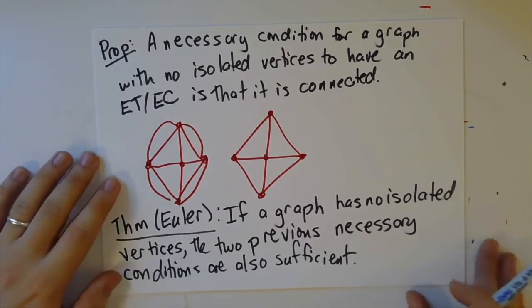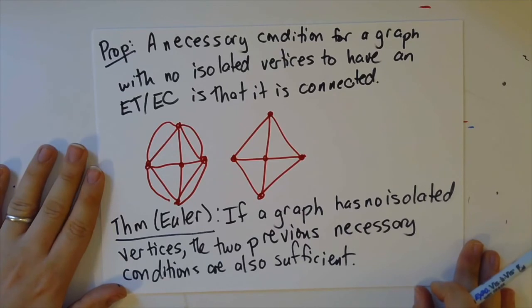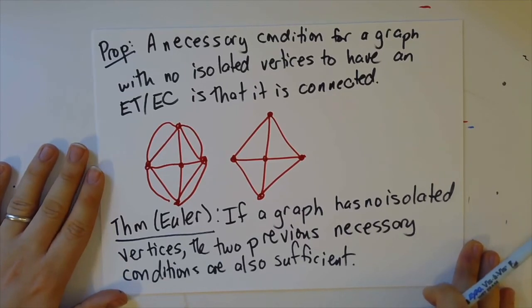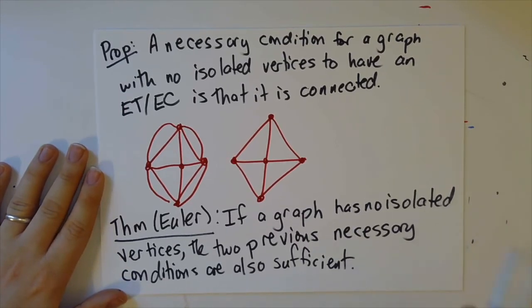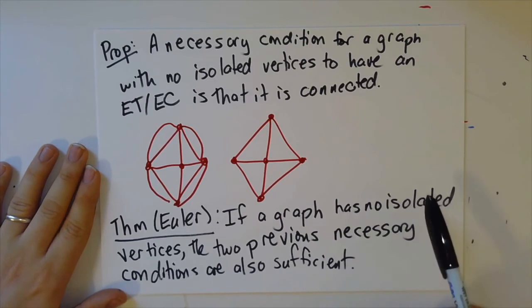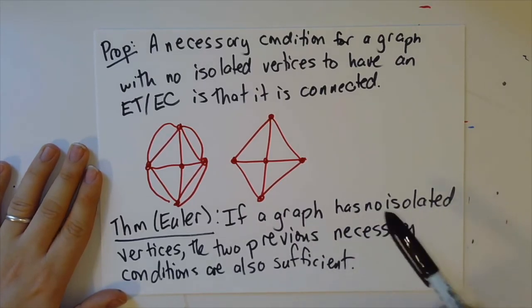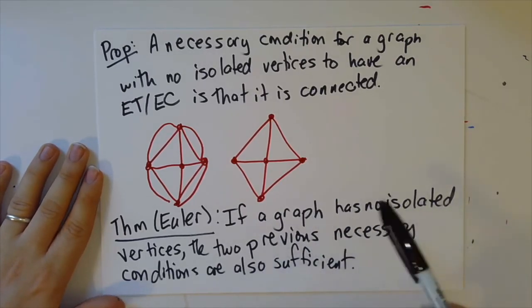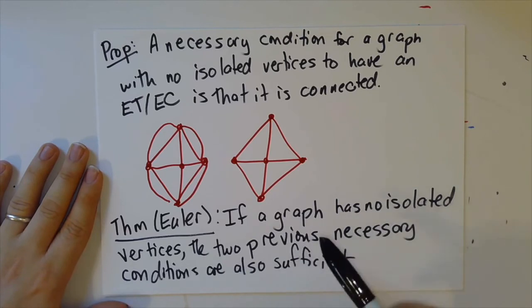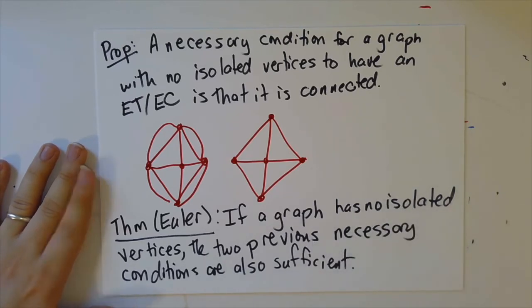Or, if you have a connected graph where every vertex has even degree, then there's an Eulerian circuit in the graph. That is, there is one of these walks that visits every edge exactly once. So this makes it very, very easy to look at a graph and immediately tell whether the graph has an Eulerian circuit or an Eulerian trail or not.